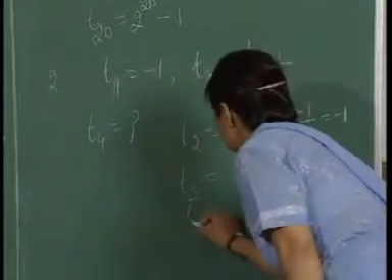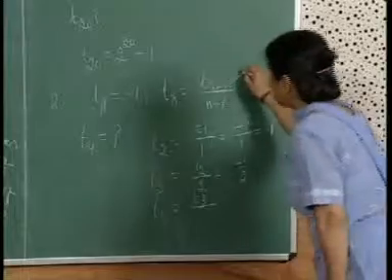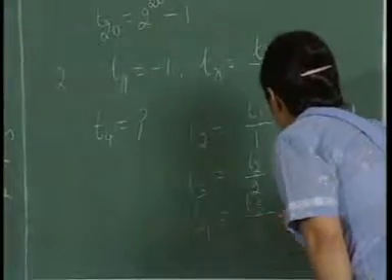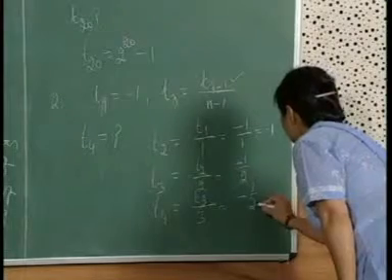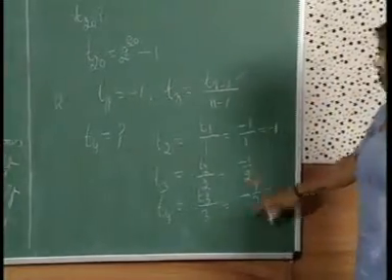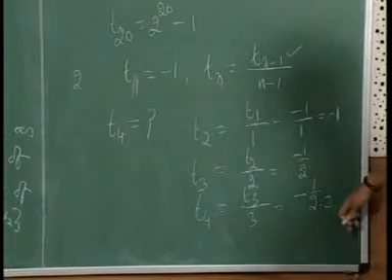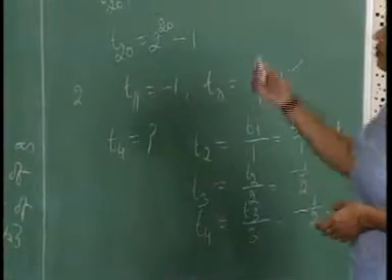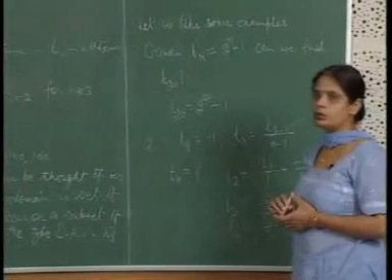And T4, I will again get from the same formula by substituting n is equal to 4. So I get minus 1 by 2 divided by 3, so it is minus 1 by 3 factorial. So this is how, given a recurrence formula, we can find the nth term. Now with this background material, I think we are ready for the study of arithmetical progression.